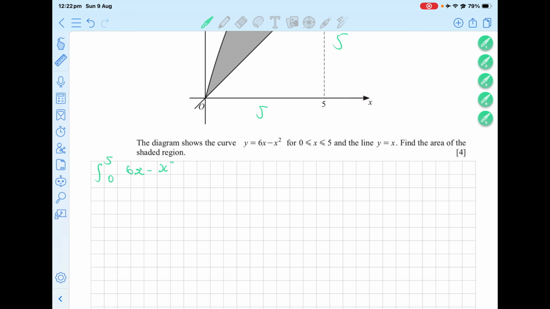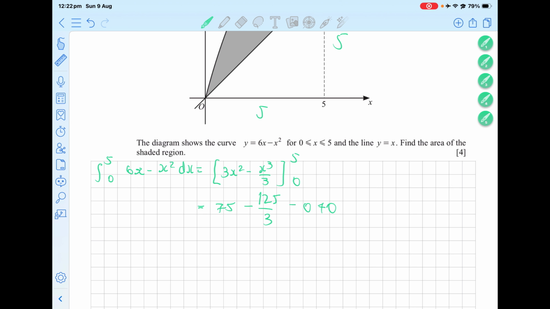So that's going to be 3x squared minus x cubed over 3, from 0 to 5. So 3 times 25 is 75, minus 125 over 3, minus 0, plus 0.